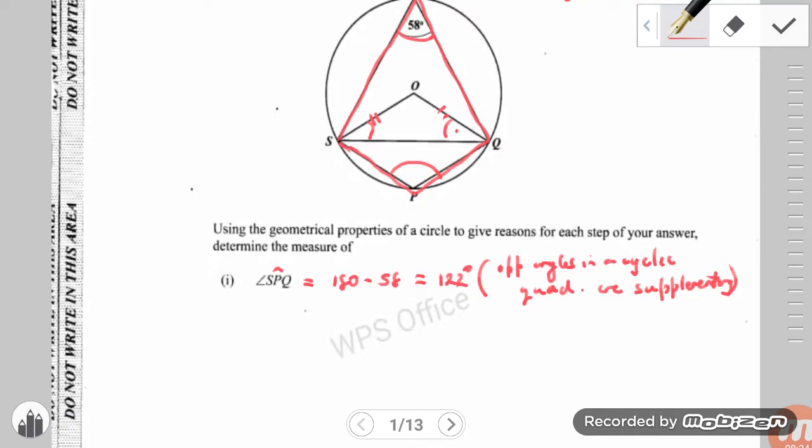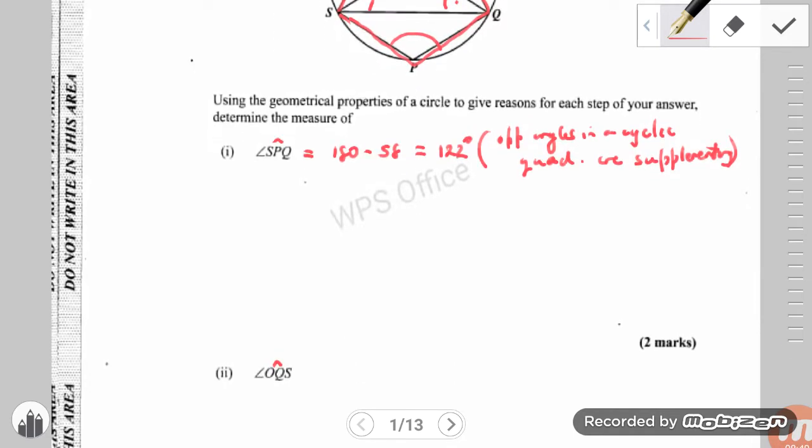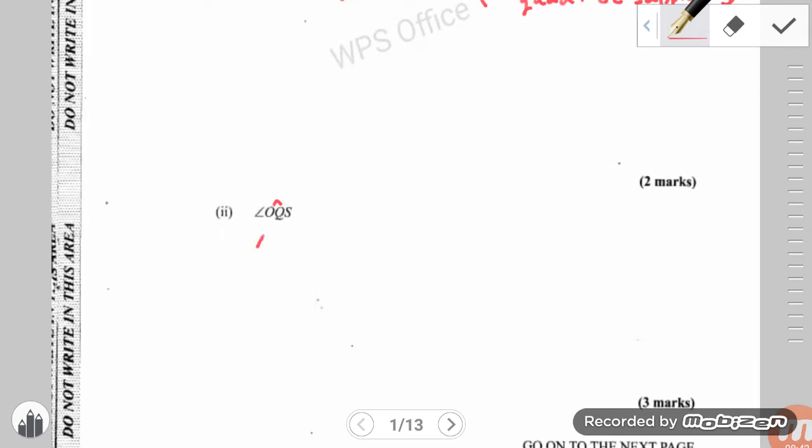And the triangle SOQ is isosceles. So we can start explaining the steps towards our answer by stating that triangle SOQ is isosceles, which indicates that the base angles are equal.